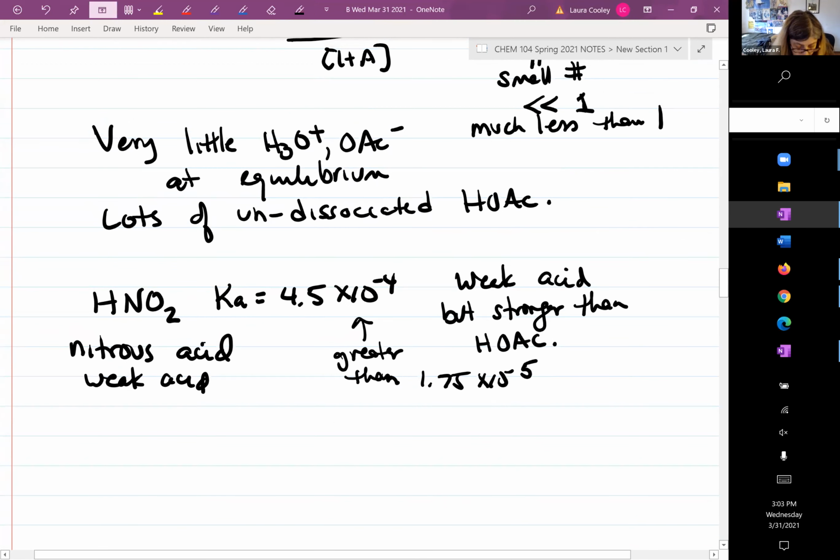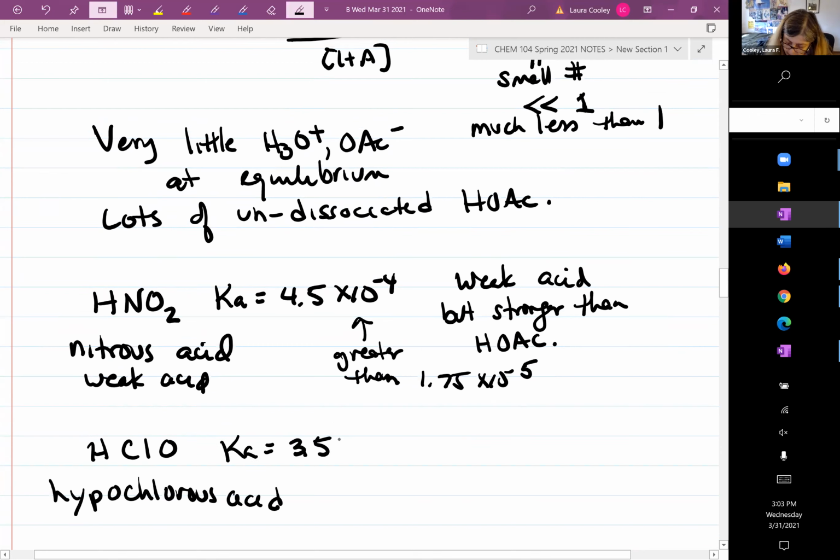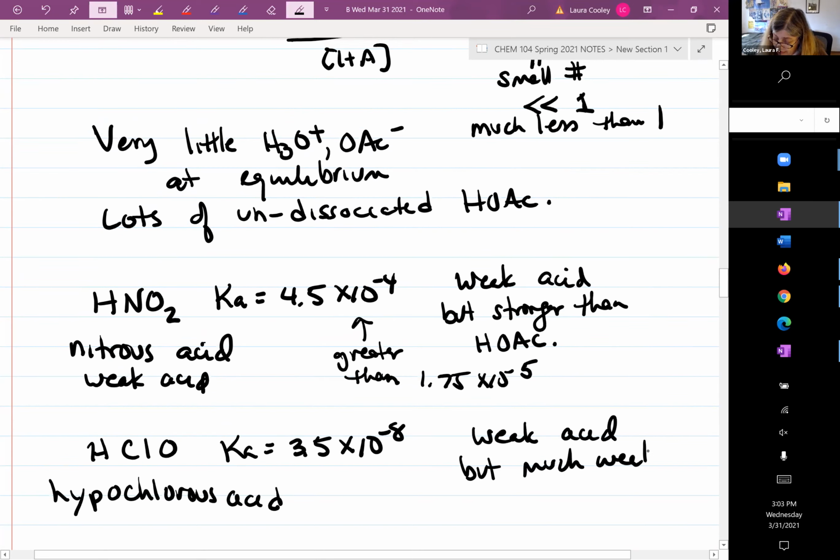Another example is this acid called hypochlorous acid, and its Ka is 3.5 times 10 to the negative eighth. This is also a weak acid, but it's really much weaker than HNO2 or HOAc.